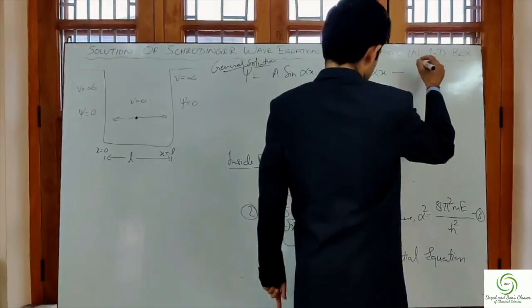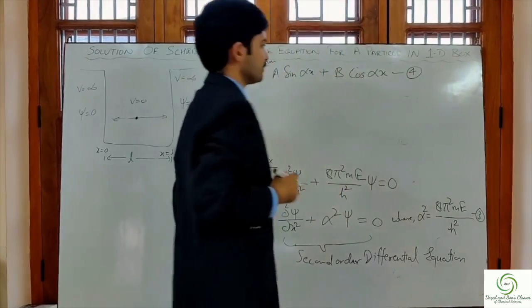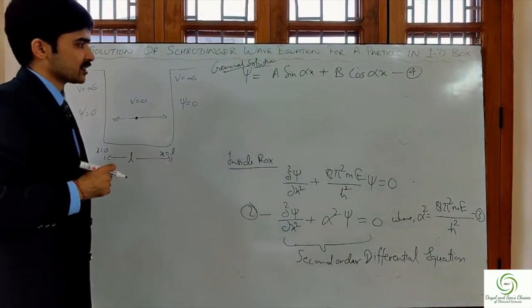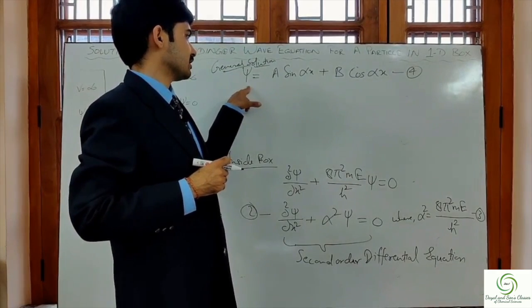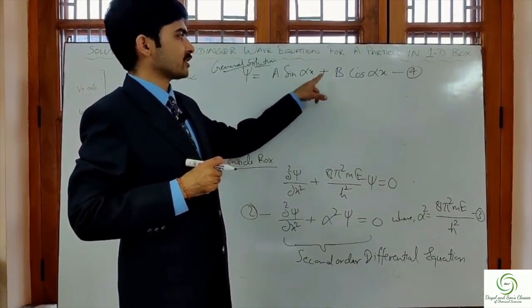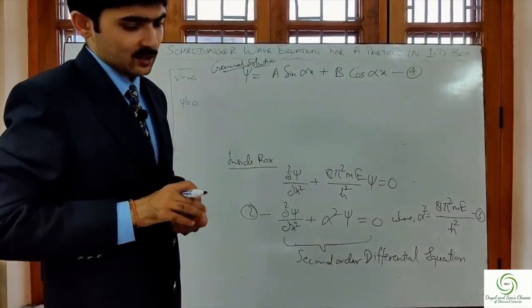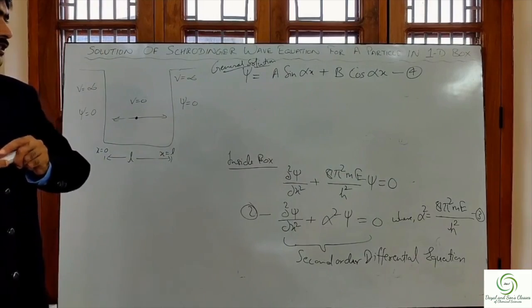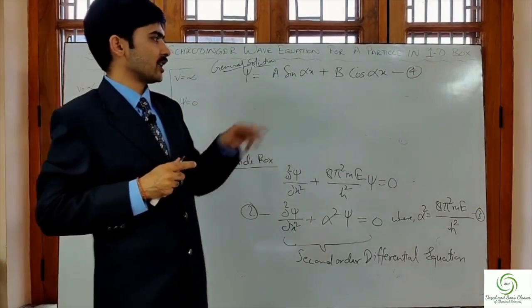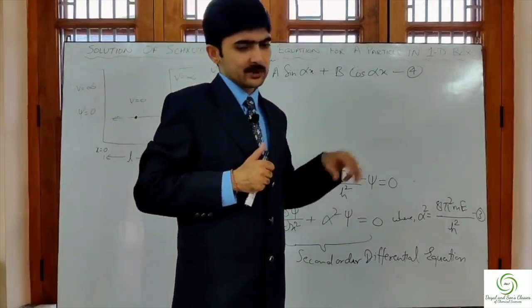We mark this as equation 4. So we have got a general solution for psi, where psi is equal to a sine alpha x plus b cos alpha x. Now the next thing is to find out the values of a and b.